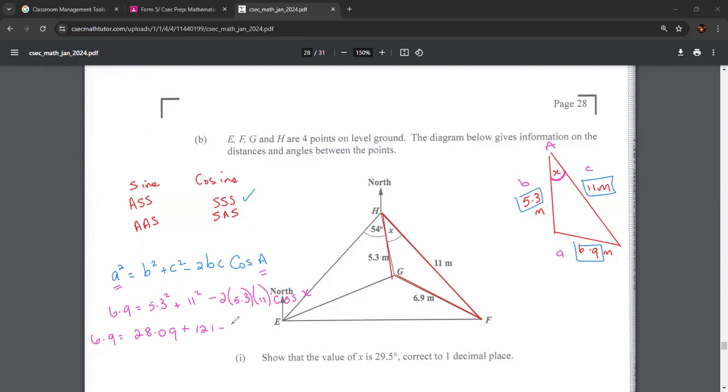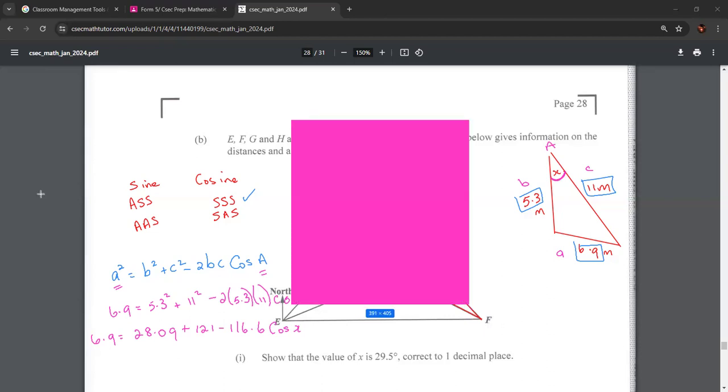I got 116.6 cos of x. Our goal is to find for x. I'm just covering here to make some space, right?